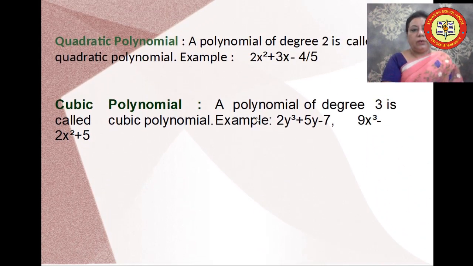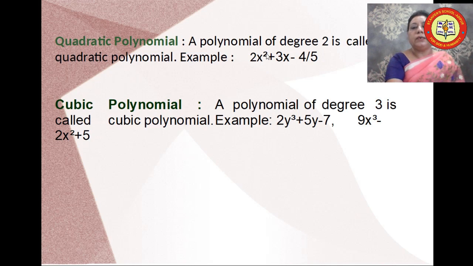Quadratic polynomial. A polynomial whose highest degree is 2 is called a quadratic polynomial. For example, 2x squared plus 3x minus 4 by 5 is a quadratic polynomial. Why?